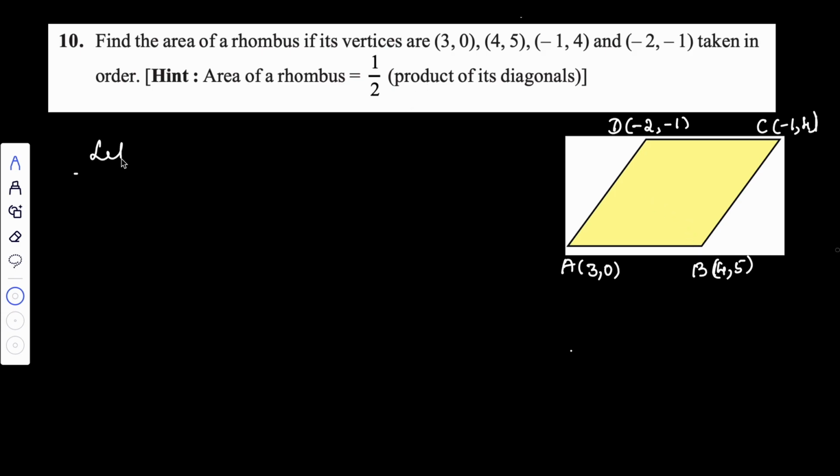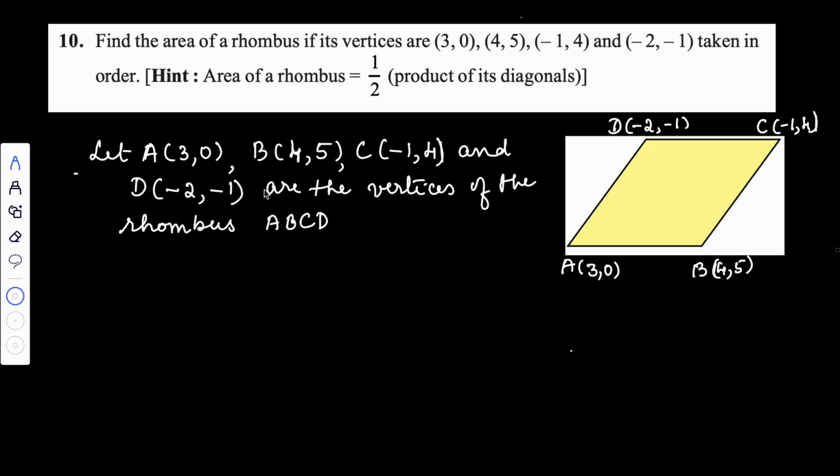So here we'll write, let A be (3, 0), B (4, 5), C is (-1, 4), and D (-2, -1) are the vertices of the rhombus ABCD. So first we'll find out the diagonal AC. AC is equal to, using the distance formula, root of (x2 minus x1) the whole square plus (y2 minus y1) the whole square.